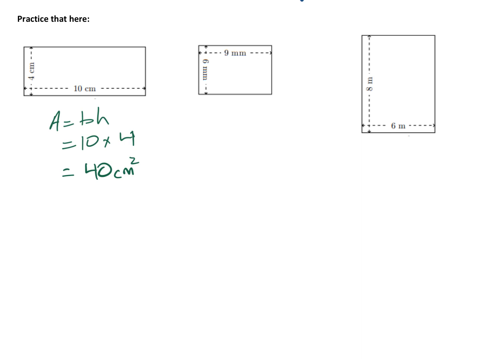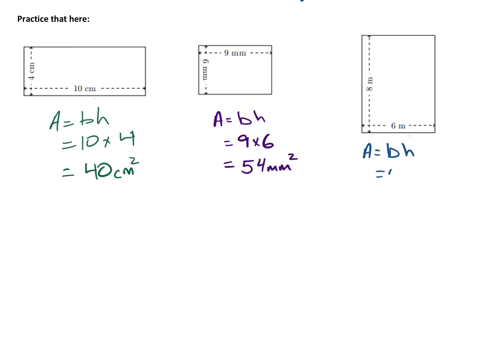For my next one, okay, same formula. Area equals base times height. This time I have 9 times 6. If I do that in my head, that is 54. This time my measure is millimeters squared. And finally, again, same formula: area equals base times height.